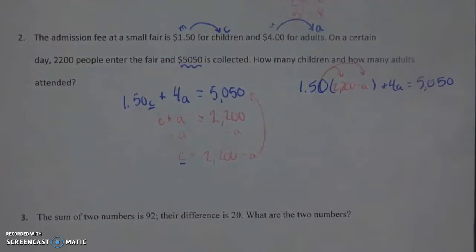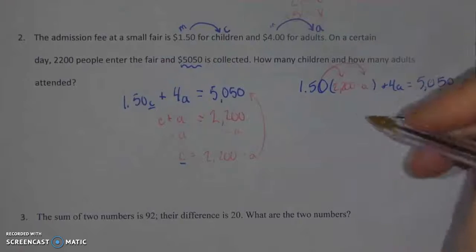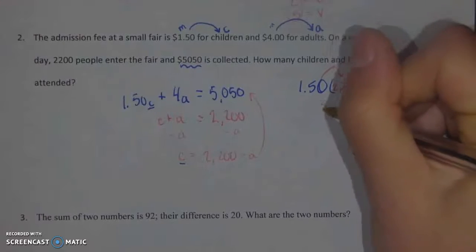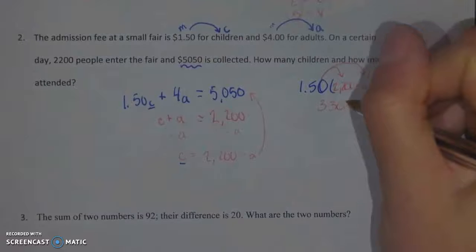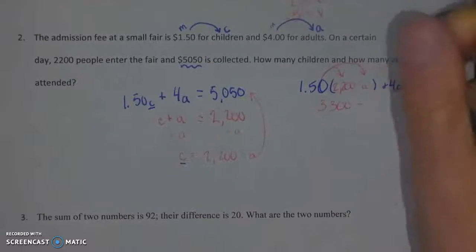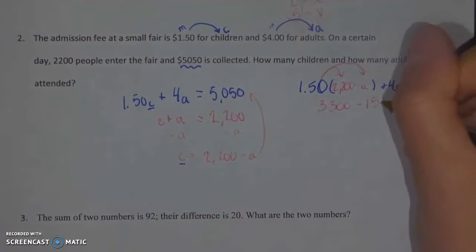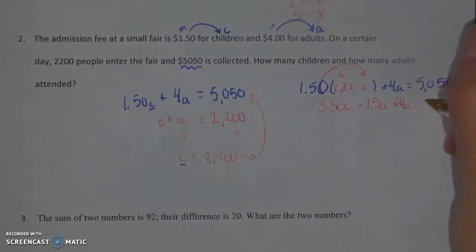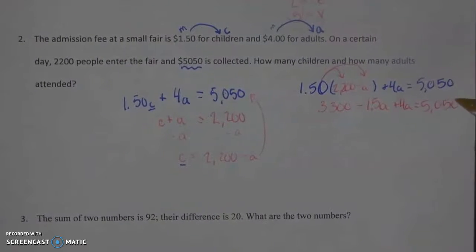Remember that we need to get rid of parentheses first since they trap numbers in place. So I've got 150 times 2,200, and that gives me 3,300, and then 150 times a, 1.5 times a, plus 4a is equal to 5,050.